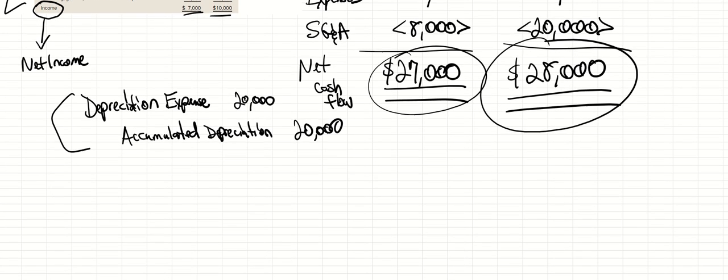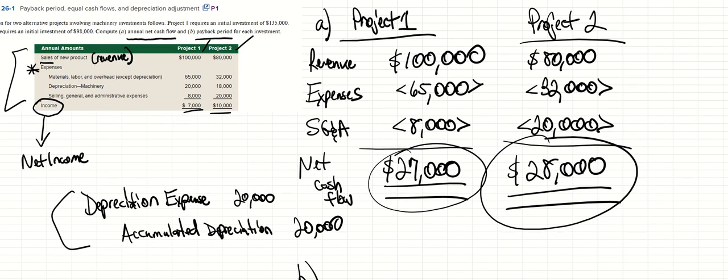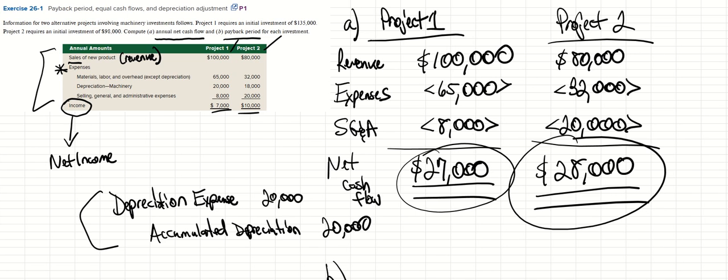Now we go to letter B. For letter B, we have to figure out what the payback period will be for each project. In the scenario, we are provided with the initial investment for both projects.